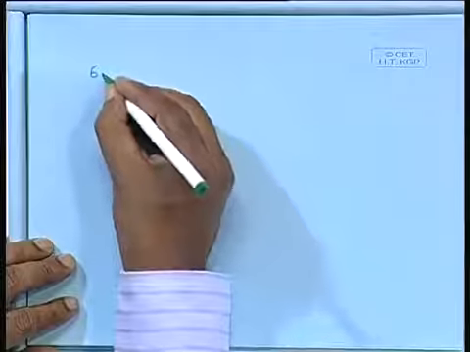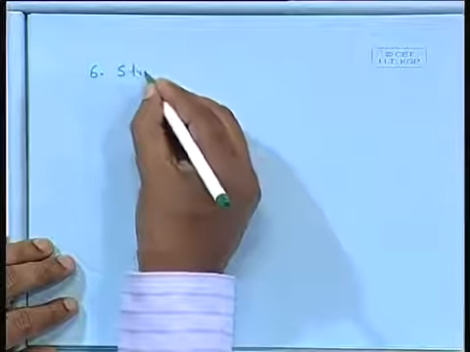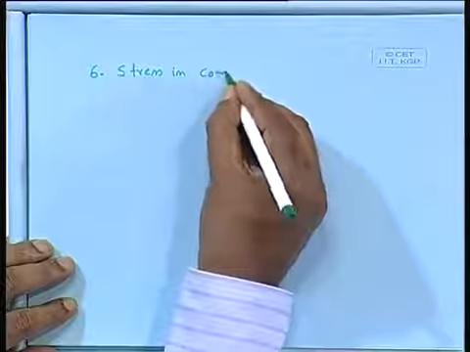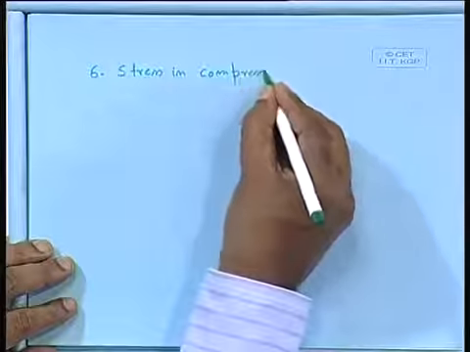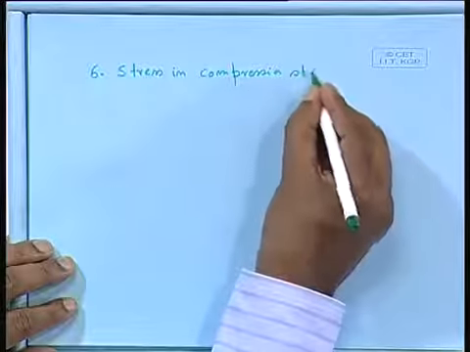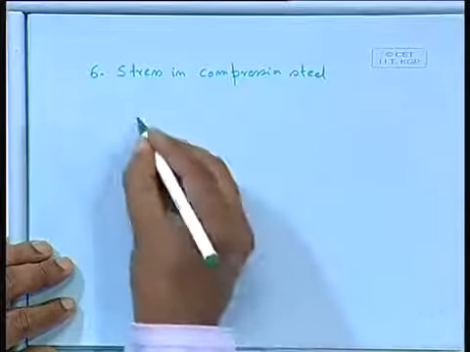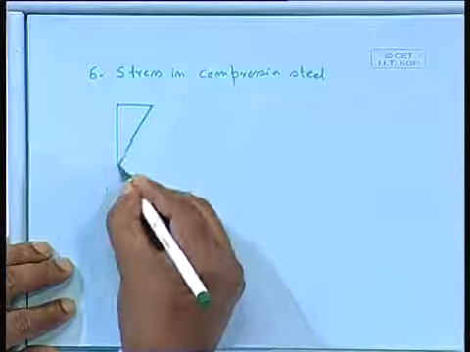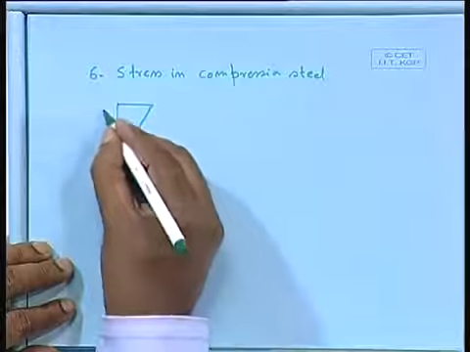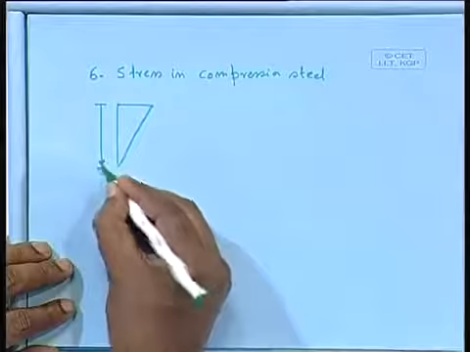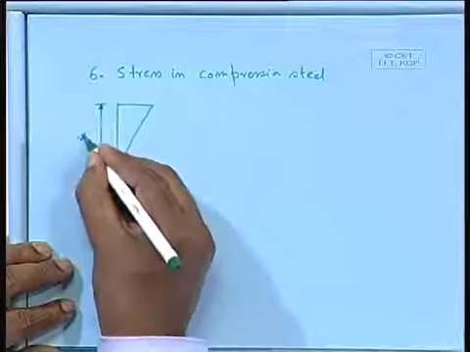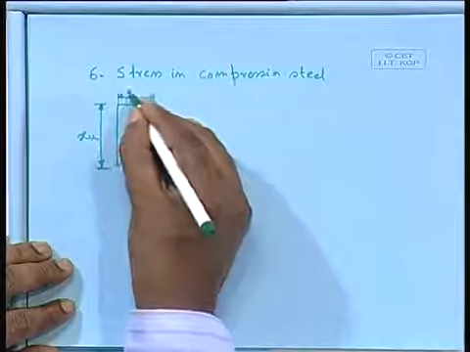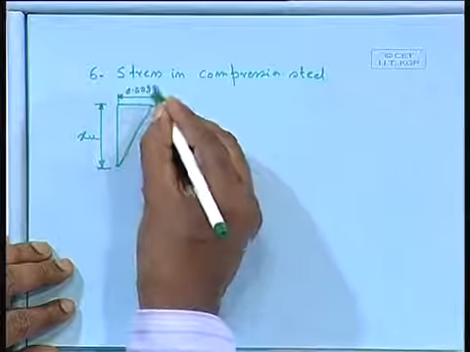So number 6, stress in compression steel. So XU, 0.0035.